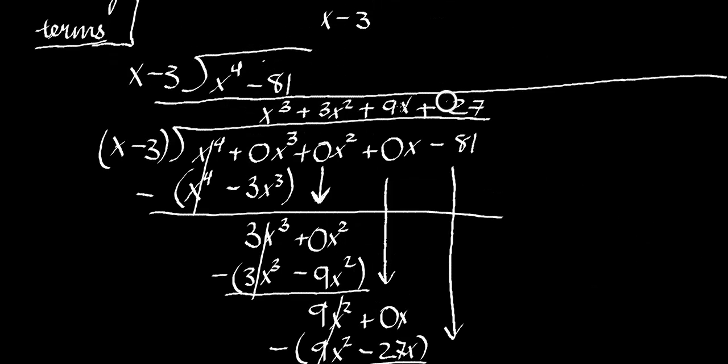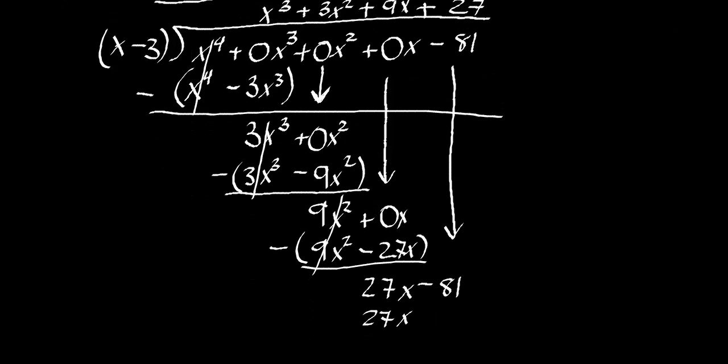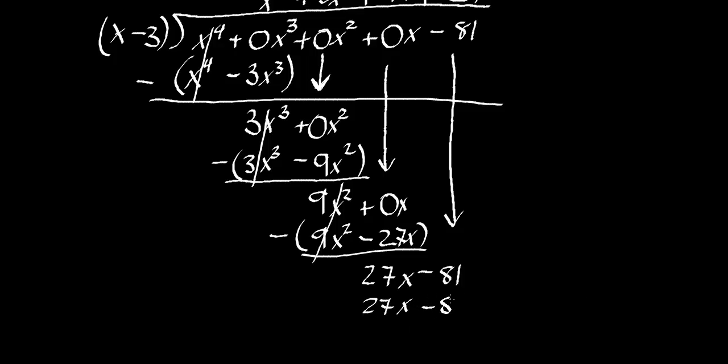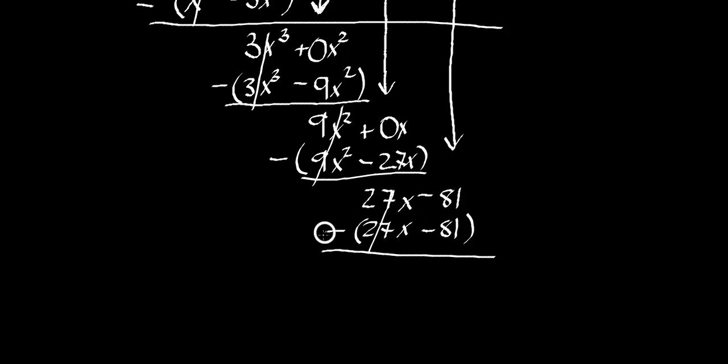And 27 times negative 3 is negative 81. We're subtracting. 27 minus 27 cancels. Negative 81 plus 81 cancels. So you get a 0 as the remainder.